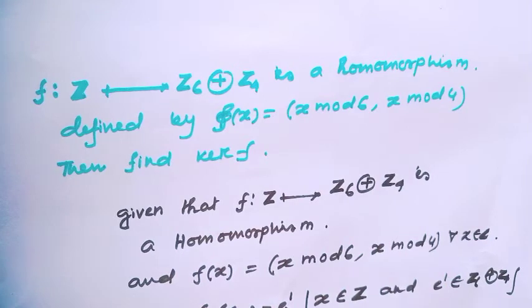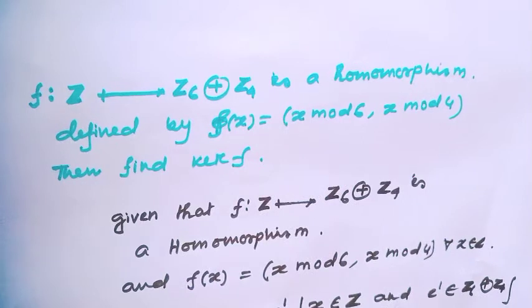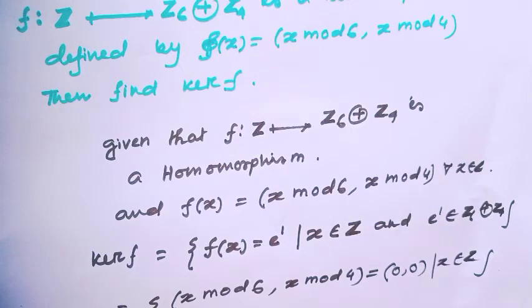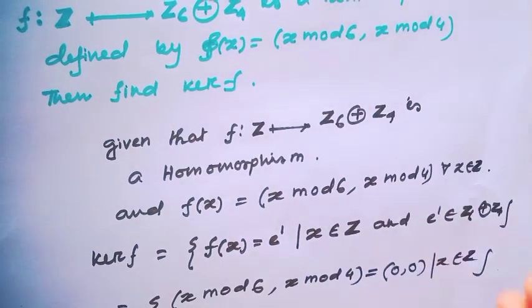Now let's see what the kernel of this function is. Here the mapping f from Z to Z6 direct product Z4 is a homomorphism, and the defined function is f of x equals x mod 6 comma x mod 4, where x is a member of the integers.